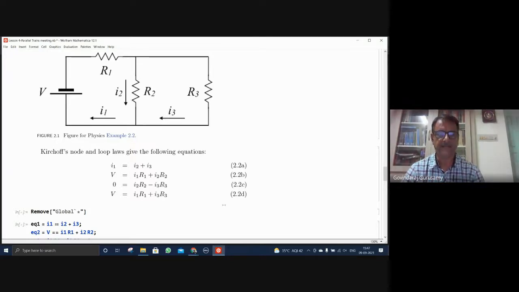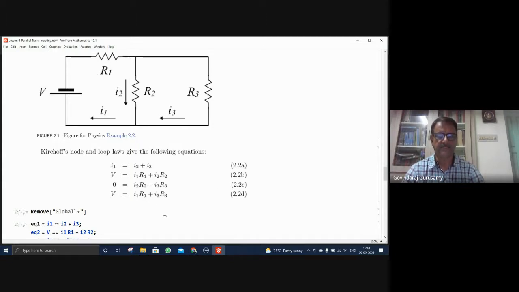You apply the so-called Kirchhoff's laws, get these equations, and confirm that they properly satisfy Kirchhoff's node and loop laws. This is the loop, this is the node: current at the junctions and voltage at the loops.